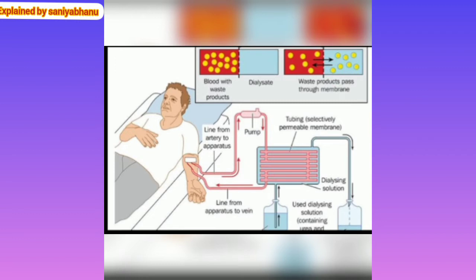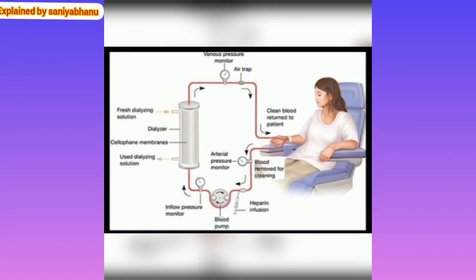In this apparatus, blood flows through channels or tubes which are made up of cellophane. These tubes are embedded in the dialyzing fluid. The membrane separates the blood flowing inside the tube and the dialyzing fluid, which has the same composition as that of plasma except the nitrogenous wastes.